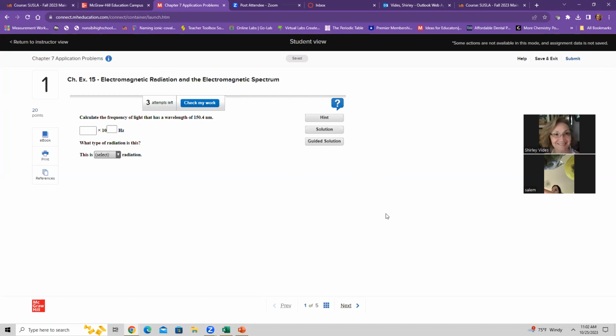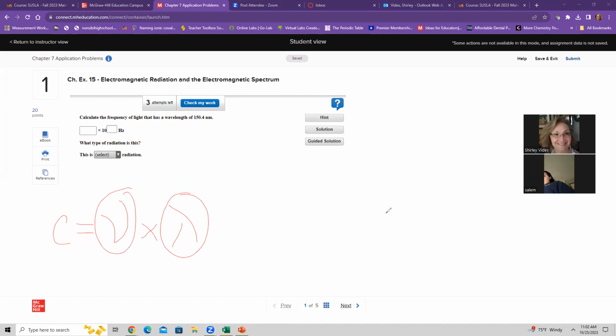So what formula can you use that has frequency and wavelength and nothing else? Because the other one's a constant. So it's c equals nu, which is frequency, times lambda, that's wavelength. And they want you to calculate this.